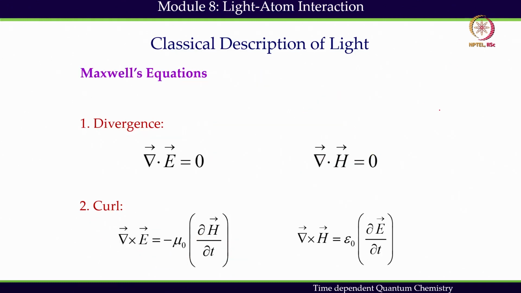And Maxwell's equations show that there is a particular nature the fields will follow if the light is going through a medium. The medium for our problem, for this module, we have considered to be vacuum, a free space medium.